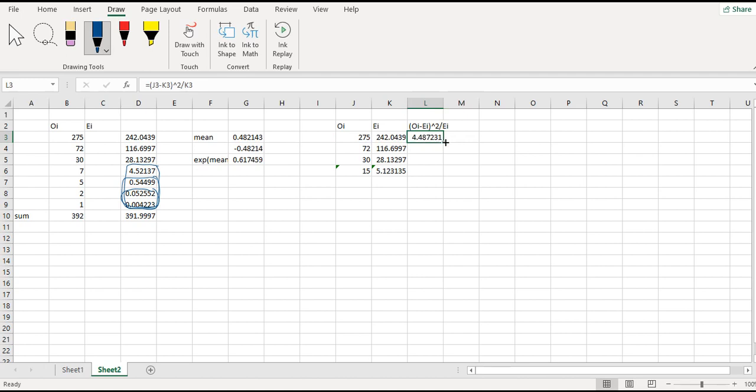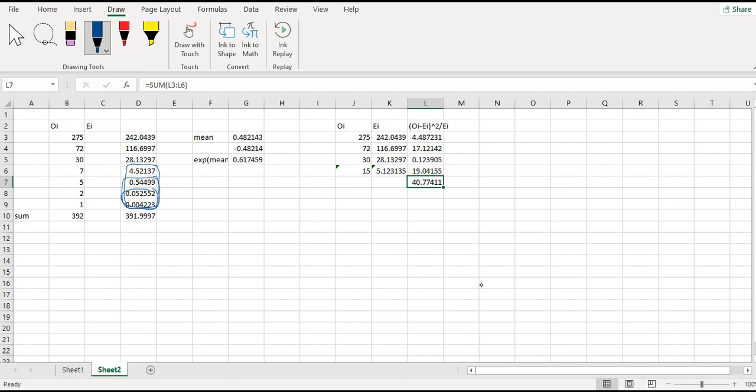And if we drag this value here, and now we calculate the sum of these terms, you can see its value comes out to be 40.7741, which is a very big value, right?